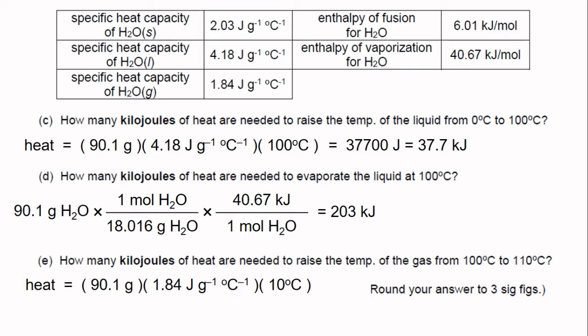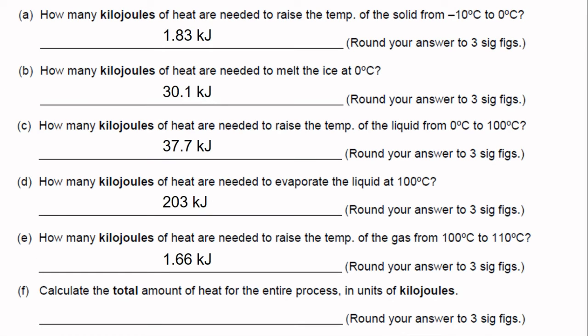The answer we get, rounded off to 3 significant figures, is 1,660 joules, and expressed in kilojoules it would be 1.66. So, we have done all of the calculations for parts A through E, and if we add up the total amount of heat for the entire process, and we're going to round off to 3 significant figures, we get 274 kilojoules.